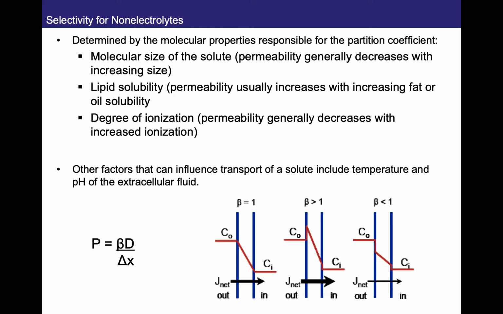Perfect, okay? So in this case, you can see the concentration outside is greater than the concentration inside. And we're just assuming that the concentration inside the plasma membrane is a linear relationship. It doesn't necessarily have to be. We don't require calculus in this class, so we're not going to go there. But we're just assuming that this is a linear relationship here.